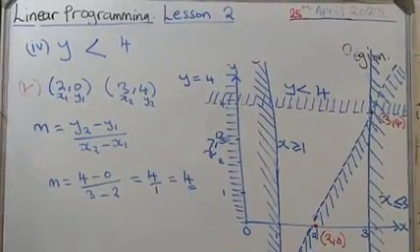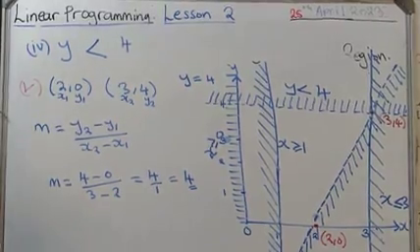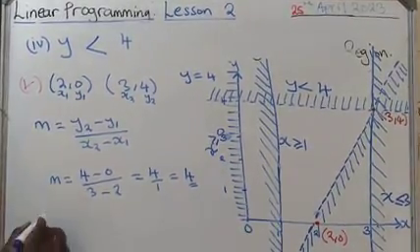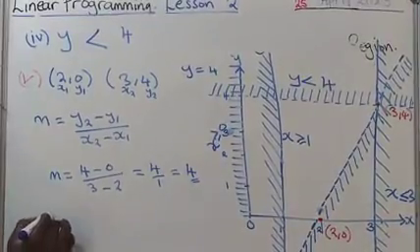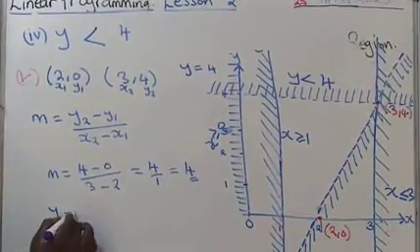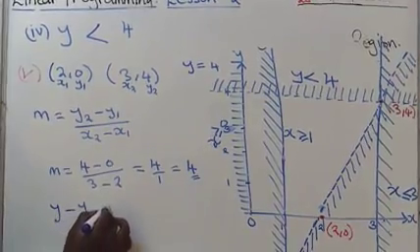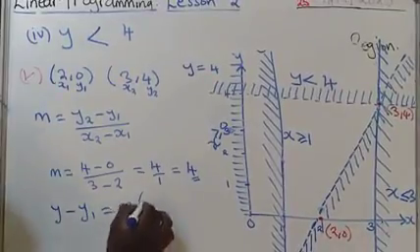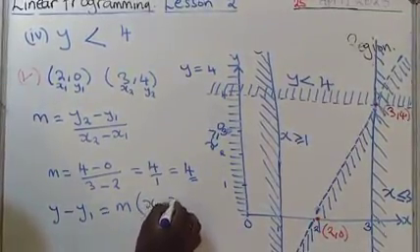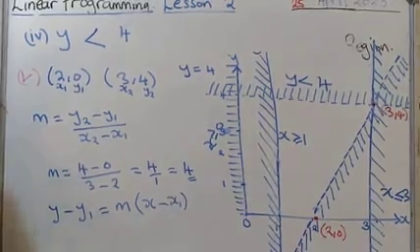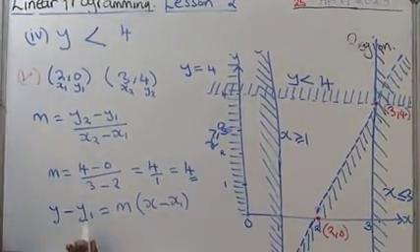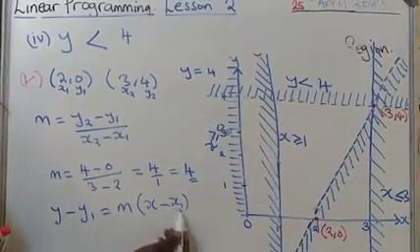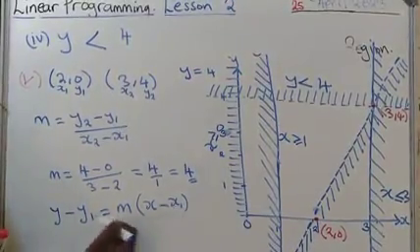So what's next? We are going to come up with the equation of a straight line. Okay, this equation is y minus y1 is equal to m open bracket x minus x1. So you can see, y1 and x1 are representing the coordinates.